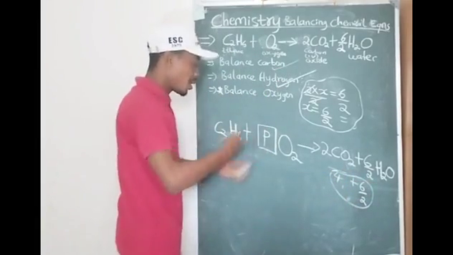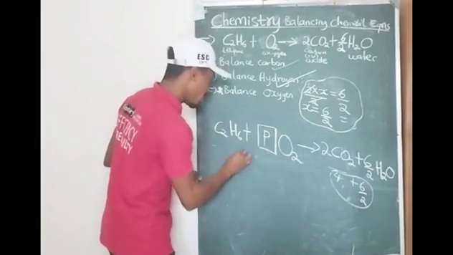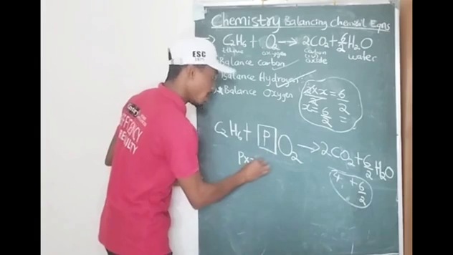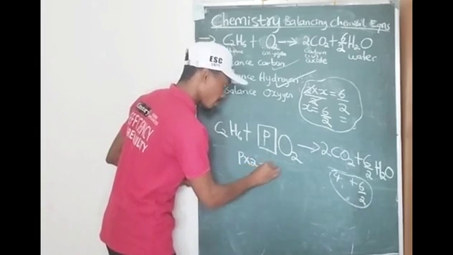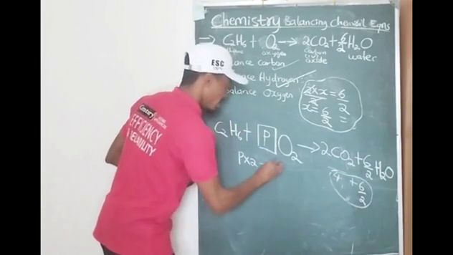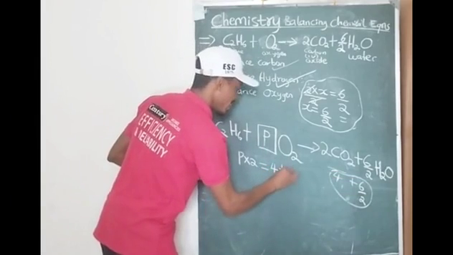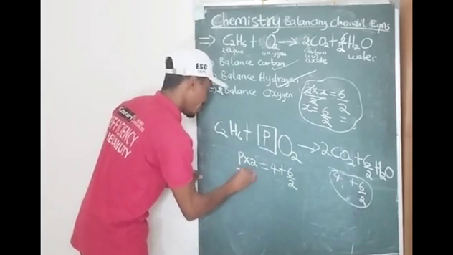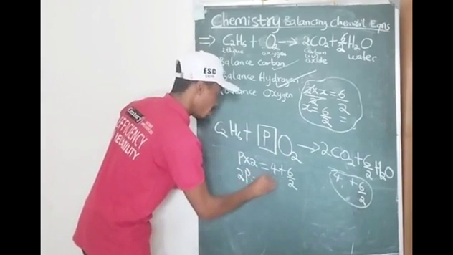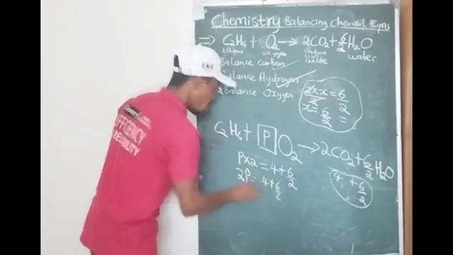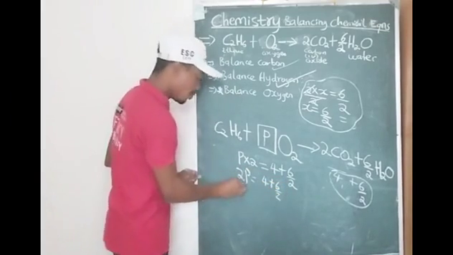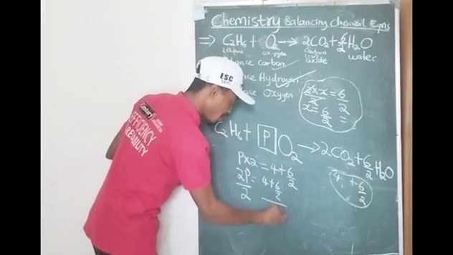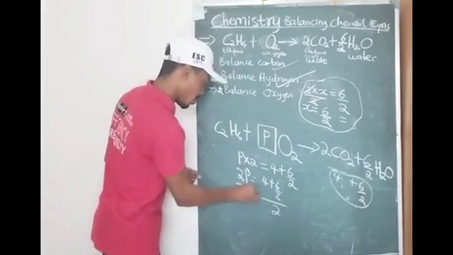So watch this. This will be P times 2 to give you the sum, which is the same as saying 2P equals 4 plus 6 over 2. To find P, I'm going to divide all through by 2.